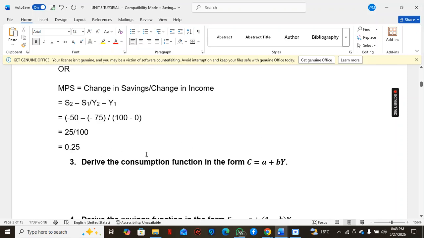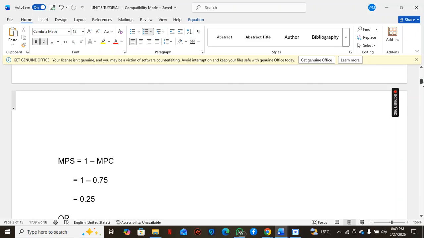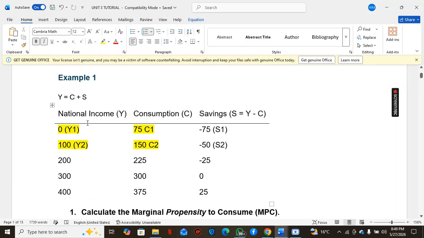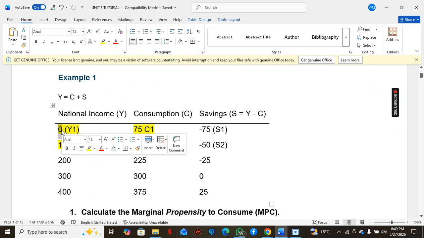Question 3, derive the consumption function in the form C equals A plus BY. B, remember, is the marginal propensity to consume. And A is our autonomous consumption. Autonomous consumption is spending when your income is zero. This means money that you've borrowed to spend or money that you've saved, money you've buried somewhere, which you use when you have no income.